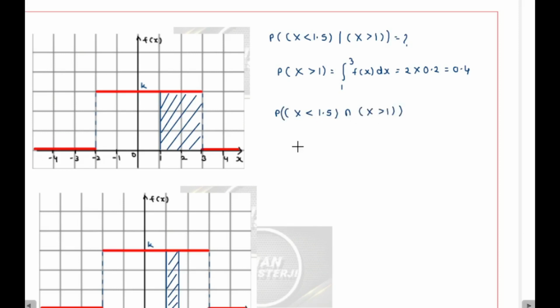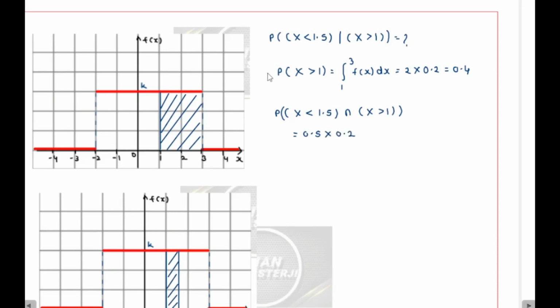So this intersection, if I try to find out this particular probability, what will be this? It will be only this area, correct? So this area is equal to how much? This area is equal to 0.5 is the length here, and the width is equal to 0.2.